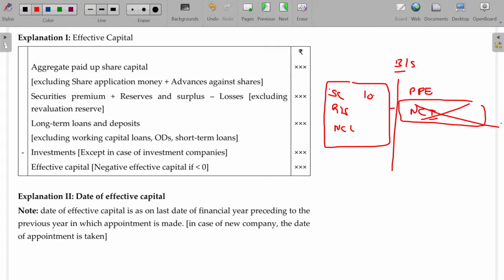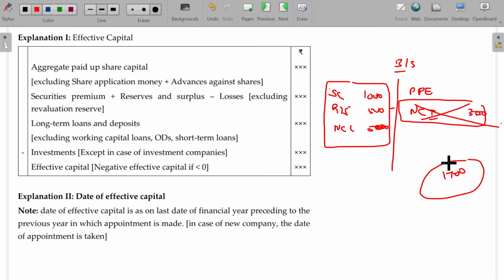Okay, 1000 rupees, 500 rupees, 500 rupees, and this one being 300 rupees. So, from the 2000 rupees, 300 rupees is not related to your business investment. Only 1700 is validly invested for the business purpose. I will consider only this for your effort.